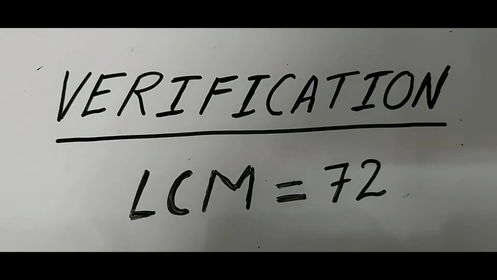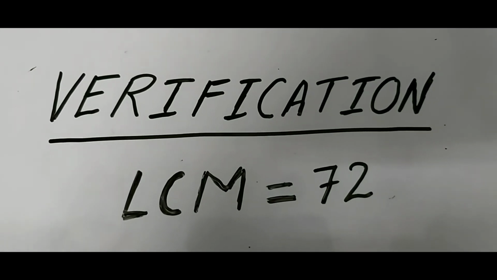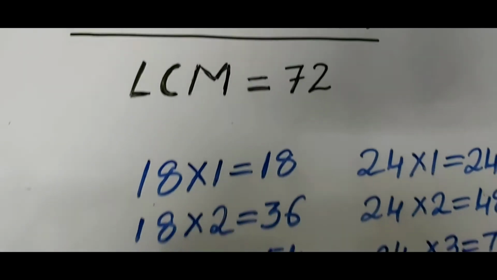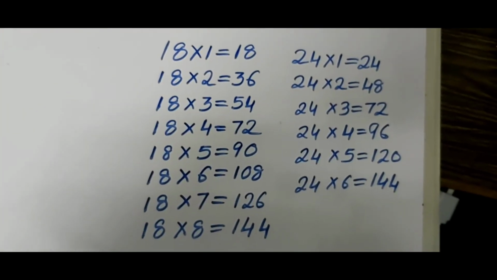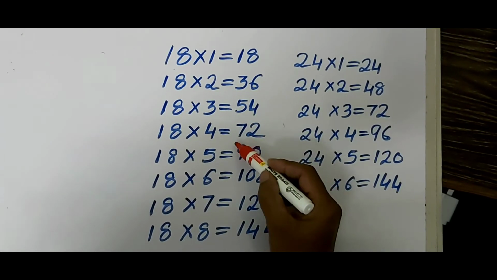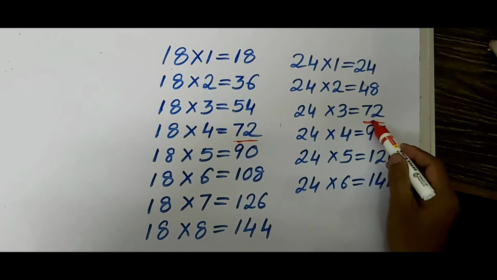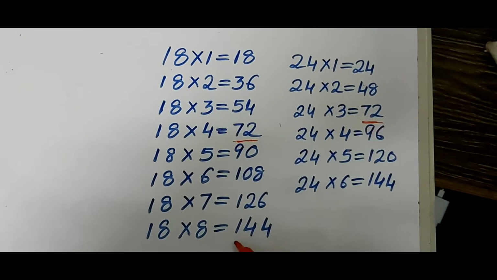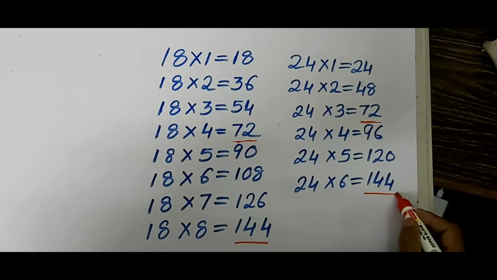Verification of LCM. We got LCM as 72. Now let us write the multiples of 18 and 24. Identify the common multiples. 72 is a common multiple as well as 144 is common multiple.